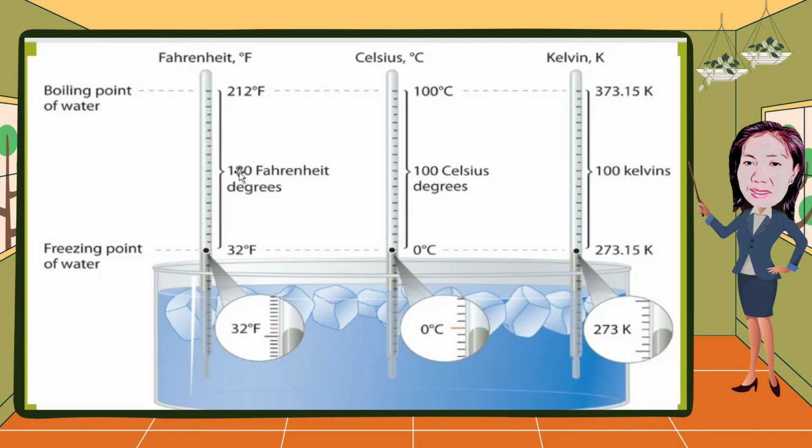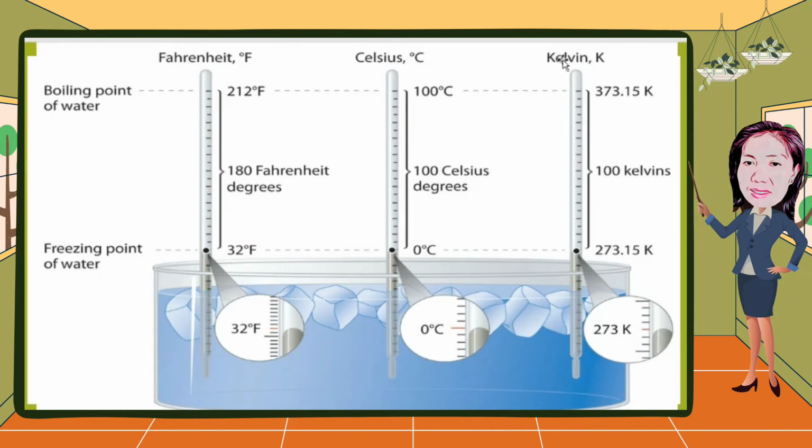So ganito, 180 Fahrenheit degrees. That's the difference, degree Fahrenheit and Fahrenheit degrees. Okay, Celsius, the boiling point is 100 degrees Celsius. The freezing point is 0 degrees Celsius. Subtract 100 minus 0, you will have 100 Celsius degrees.